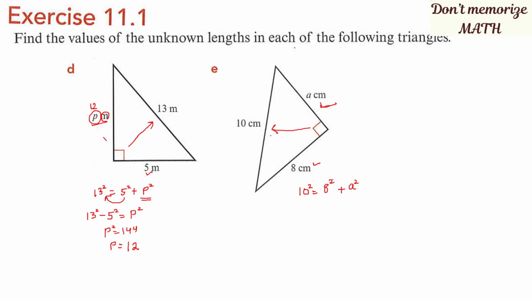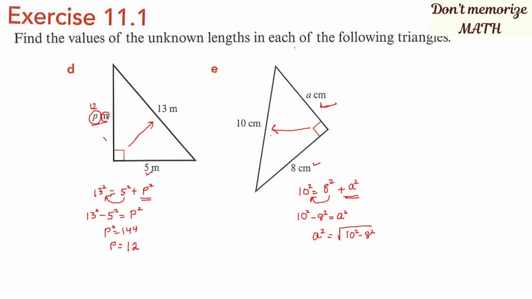It's the same. Okay, so we need to find the a value. So keep a square here, move 8 square to the left side. So you will get 10 square minus 8 square equal to a square. So a square is equal to 10 square minus 8 square, or else find this value then take the square root. Everything is same.